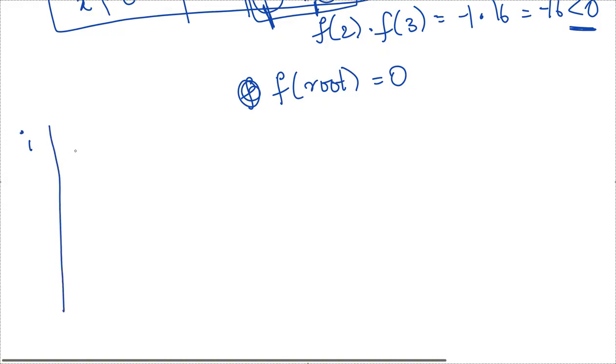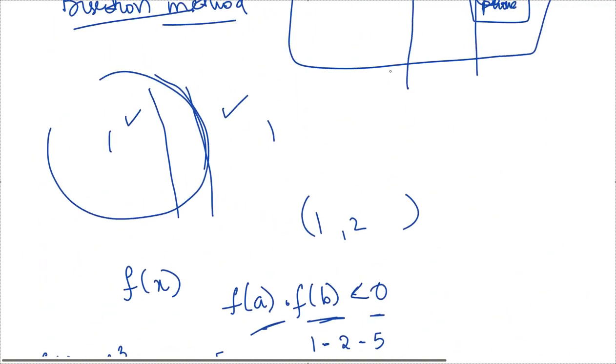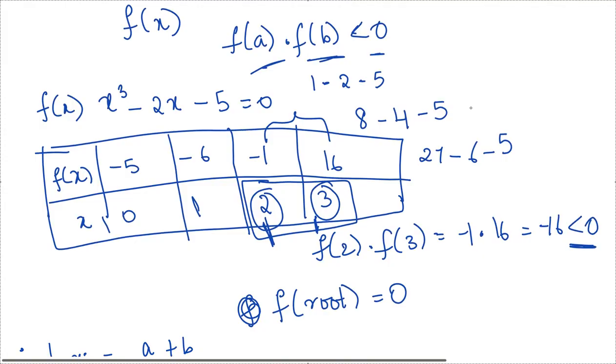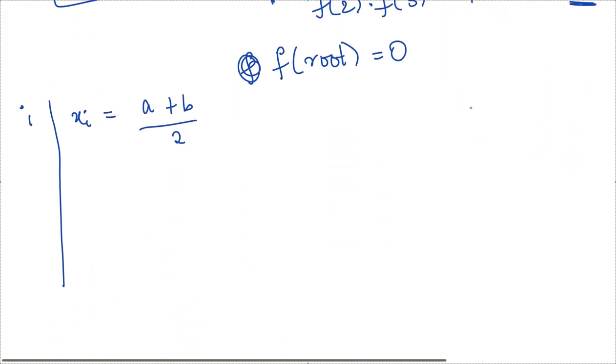Here let's put the value as xi. xi is a plus b by 2. Remember, we shrink the room to find out the mobile phone. Similarly, we will be dividing the entire interval and trying to find out where the root will be.